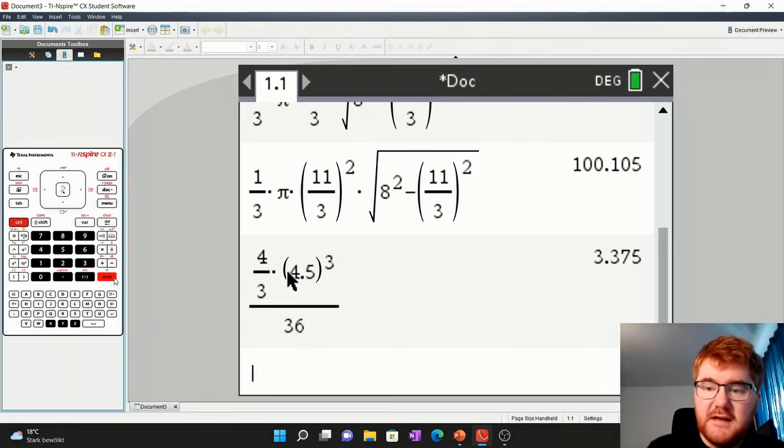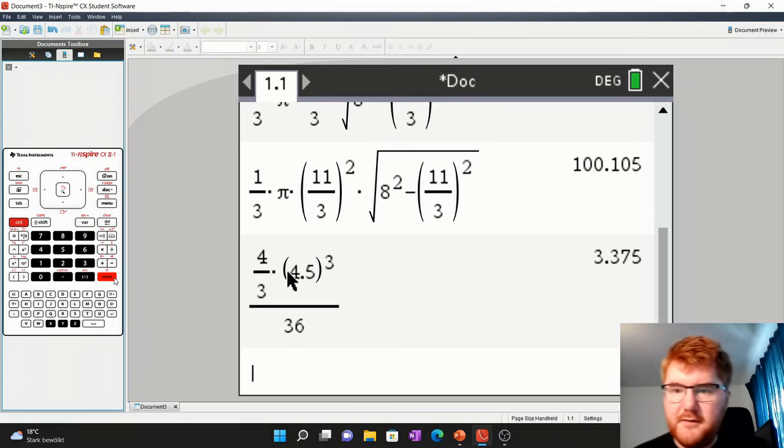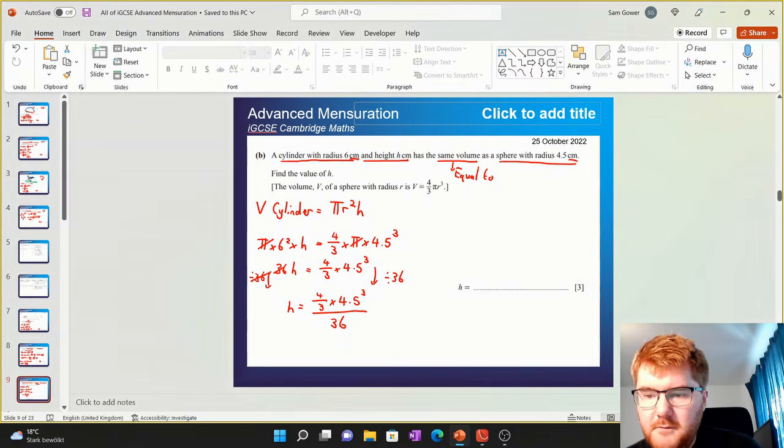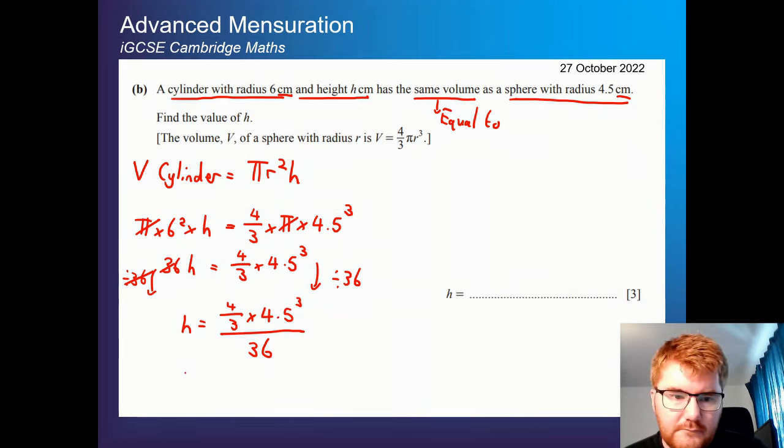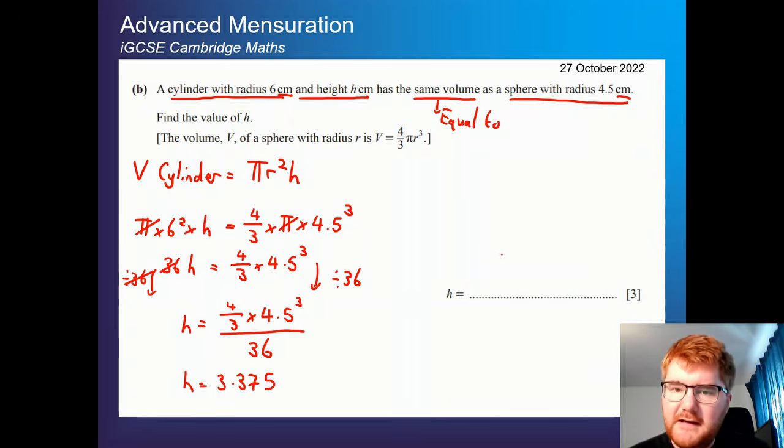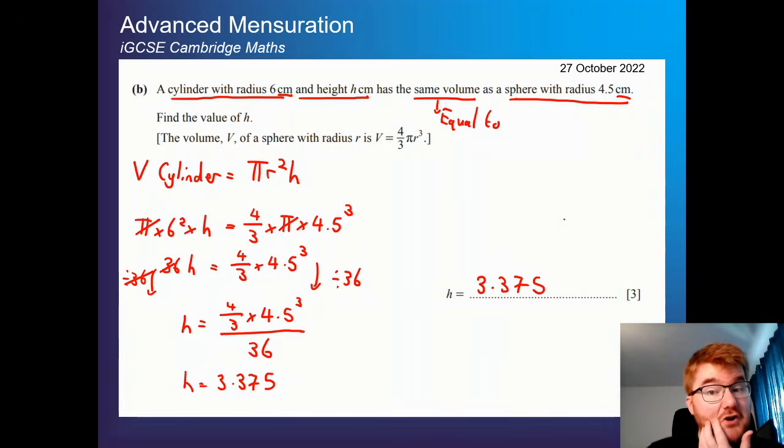Press enter, and we get a precise answer here of 3.375. Perfect. So h equals 3.375. Since it is an exact value, I'm just going to leave it as that, 3.375. Again, you could round that to 3.38 if you so wished. So that's nice. Always a good sign when you get a reasonable looking number in these kinds of questions.